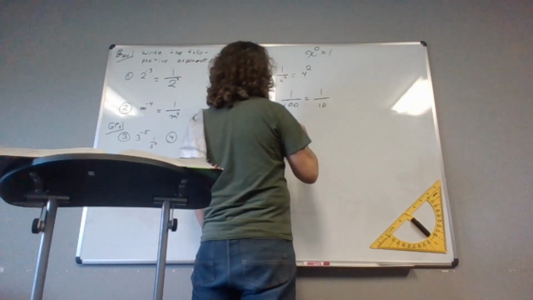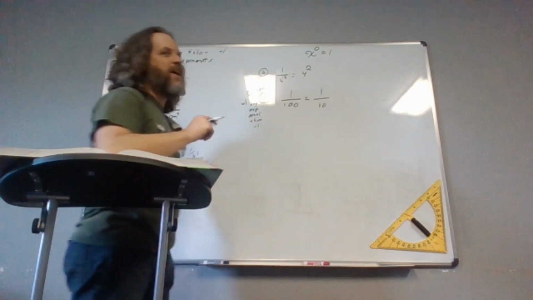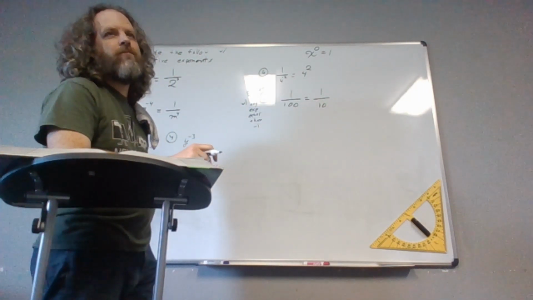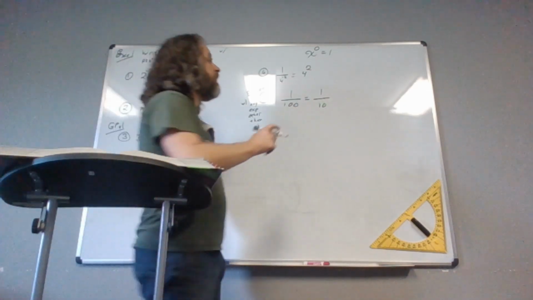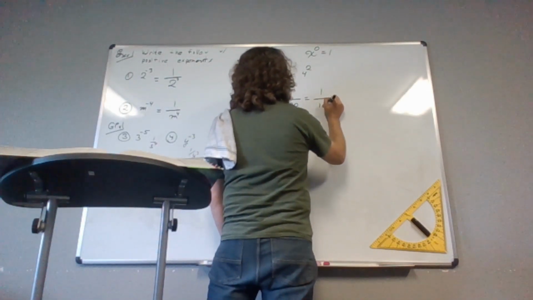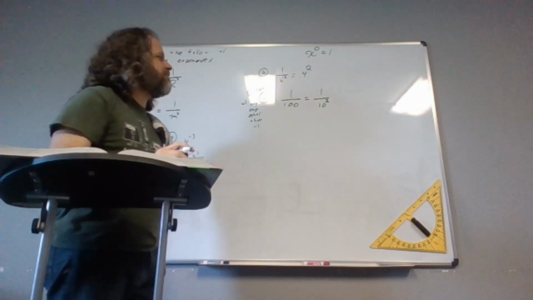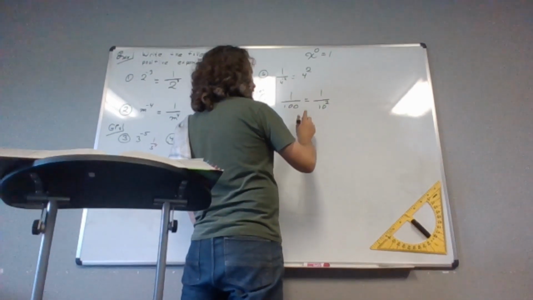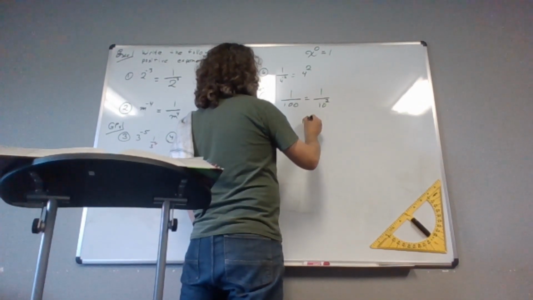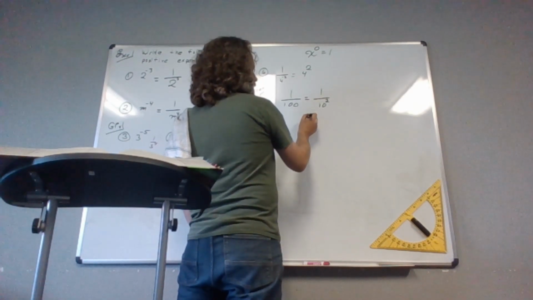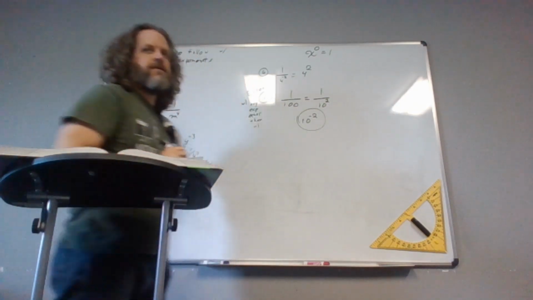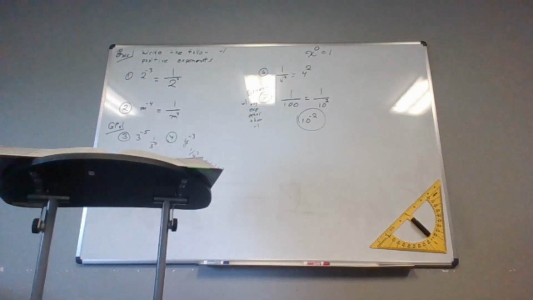So 10 to the what equals 100? 10 times 10, so 10 squared, right? Is 100. So now we want to make this have a negative exponent. We're going to change levels, and it becomes negative. That skill may help us in the next lesson when we talk about scientific notation.